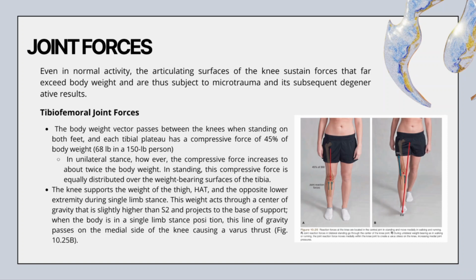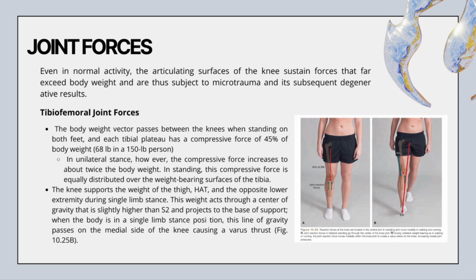The body weight vector passes between the knees when standing on both feet, and each tibial plateau has a compressive force of 45% of body weight, 68 pounds in a 150-pound person. In unilateral stance, however, the compressive force increases to about twice the body weight.